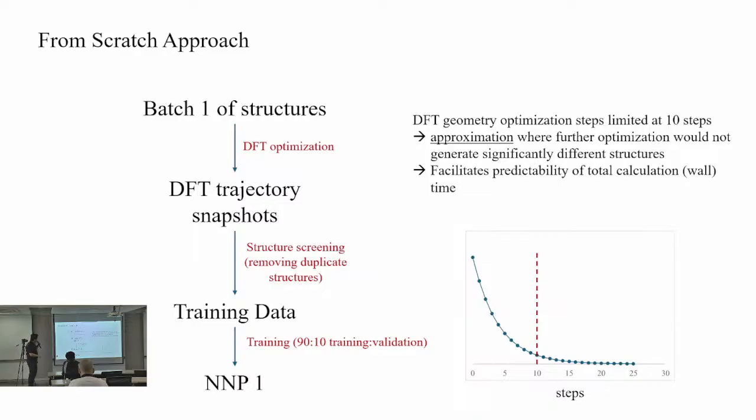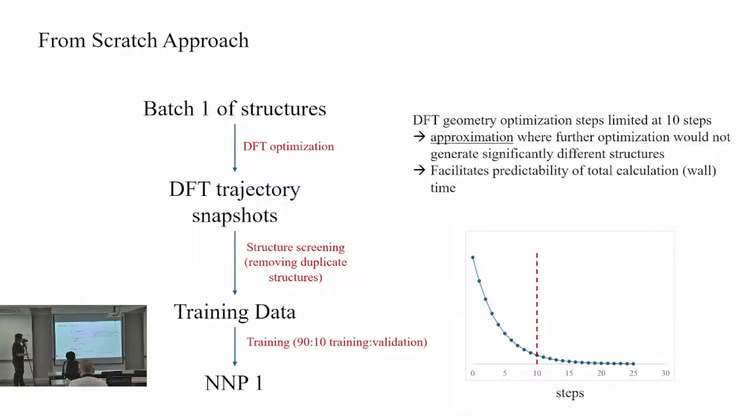And so here we selected 10 steps. This is based on our previous testing of the DFT trajectories, and we find that just collecting the first 10 steps would be decent, would be enough in order to create our initial data set.